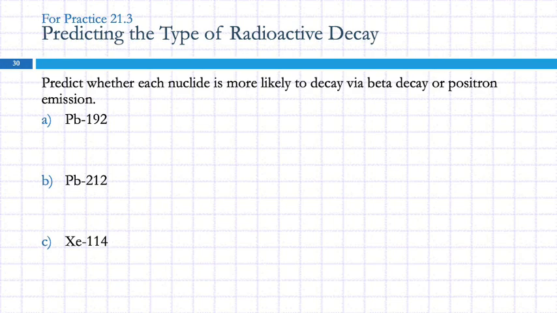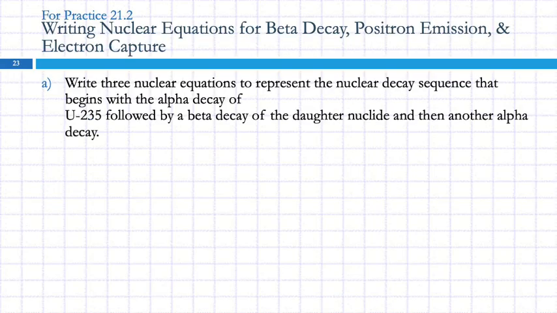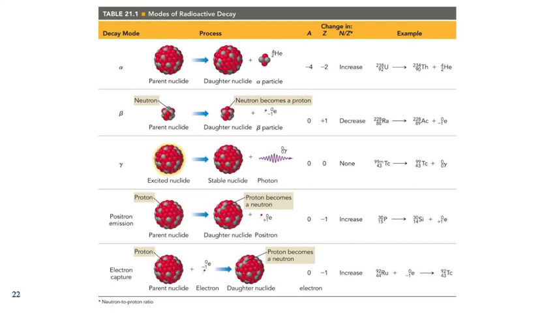Predict whether each is likely to decay via beta decay or positron emission. First of all, let's look back at beta decay and positron emission. Here we have beta decay, right? We're spitting out a beta particle, which is an electron. In that process, a neutron becomes a proton. So when you have beta decay, the number of neutrons decreases and the number of protons increases.